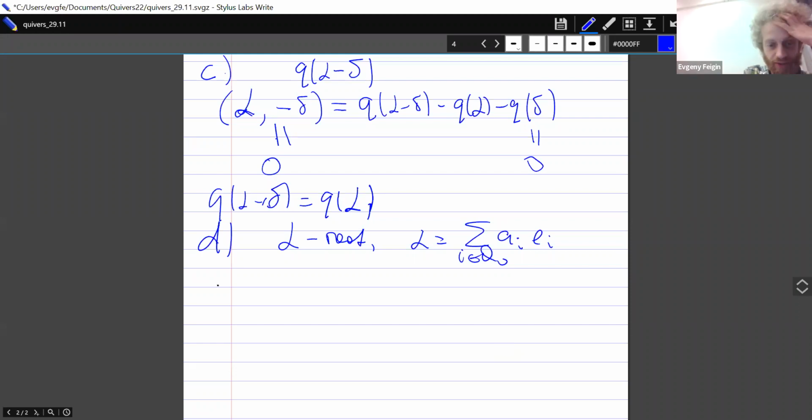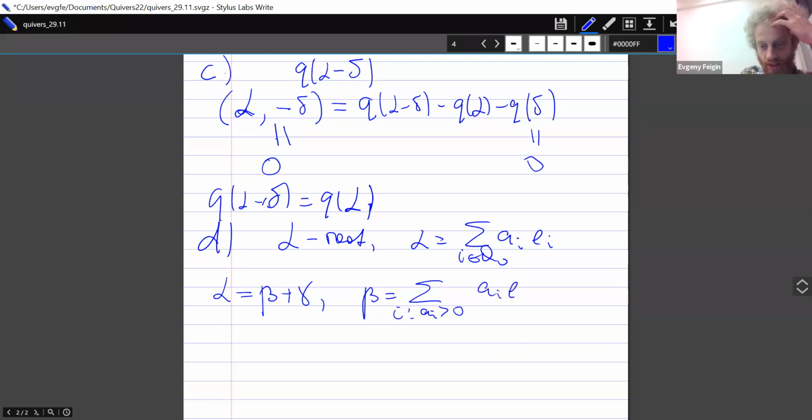But in principle, let us write alpha as beta plus gamma, where beta is the sum over all i such that a_i is positive of a_i e_i, and gamma is the sum over all i such that a_i is negative.